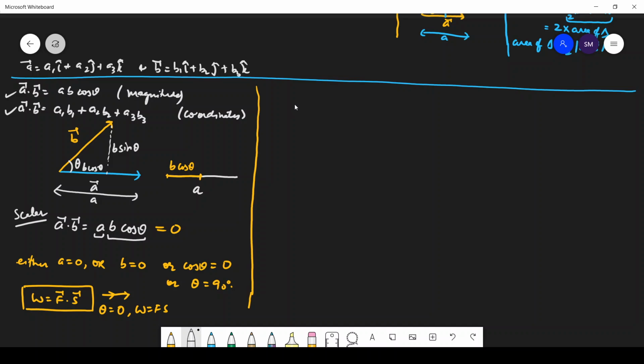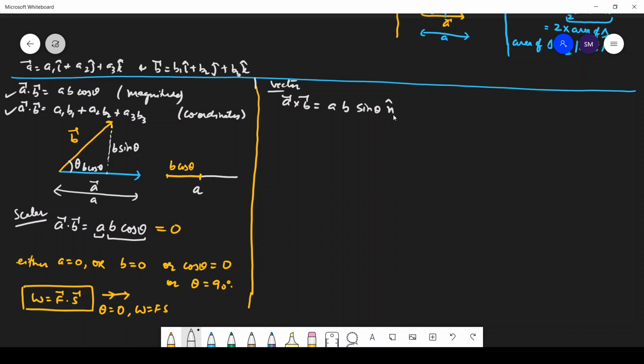Now for the cross product A cross B, it's a vector product, not a scalar product. In terms of magnitude, it equals AB sine theta, the magnitude of A into the magnitude of B into sine of the angle between them. A cross B is a vector. What is the direction of this vector?